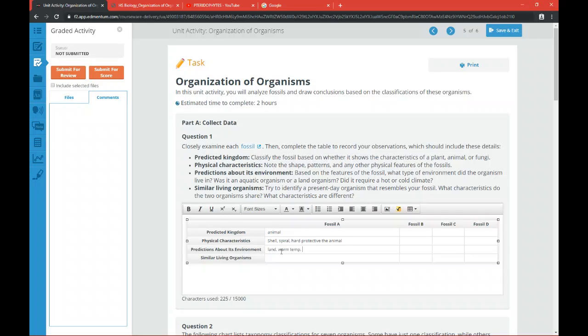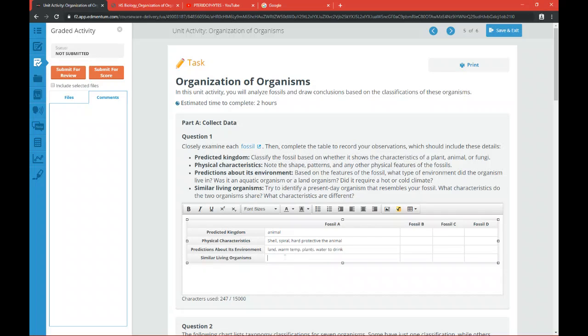It looks like it probably ate some type of plant, so there would be plants around it. And you're going to keep listing as many things as you want to list on it. It's also probably going to need some type of water to drink.